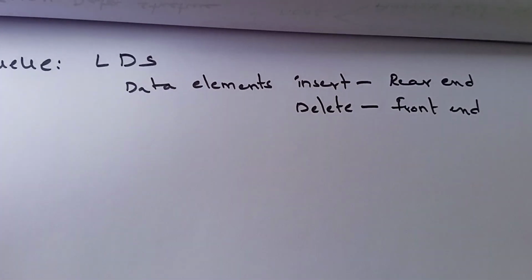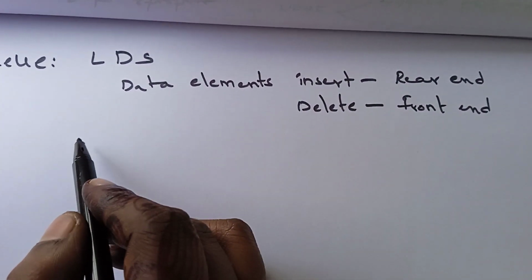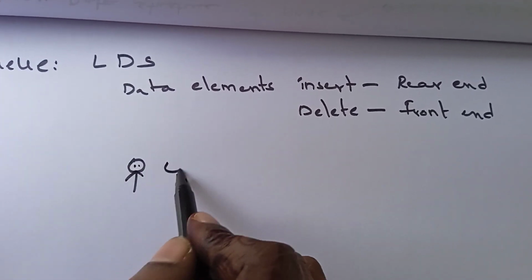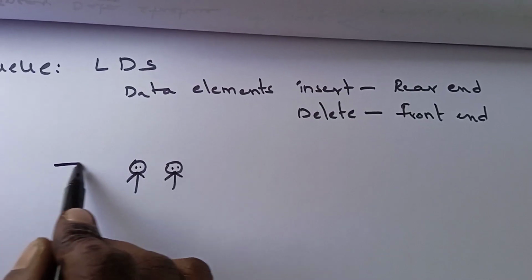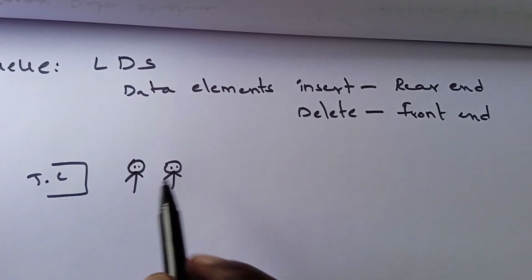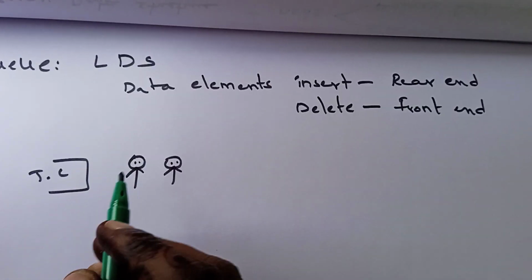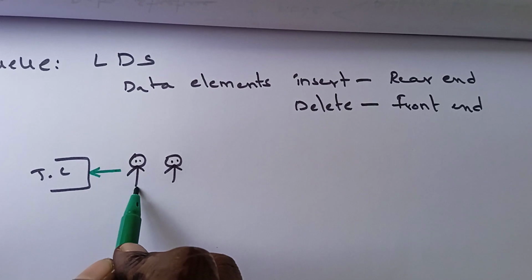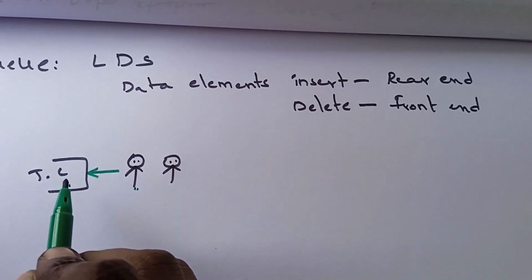Let's understand this concept with an example. Assume that some people are waiting in front of a ticket counter. This is the ticket counter. Now one person came to collect a ticket and is standing in front of the ticket counter.